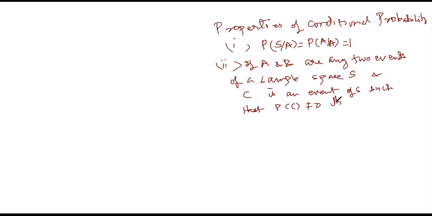Then we can find the probability of A union B. Here also we are using the same formula from previous year, P(A) plus P(B) minus P(A intersection B). So similarly, the probability of A union B when C has occurred, you can write with a stroke.